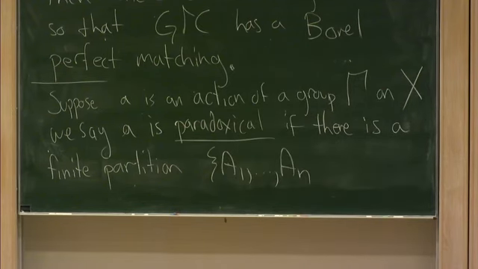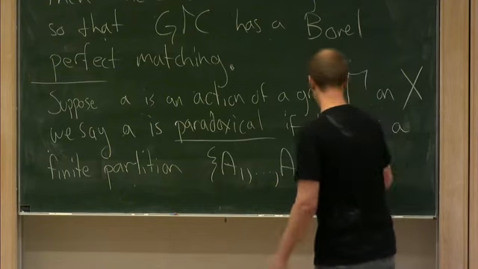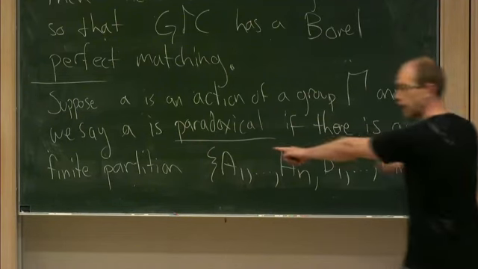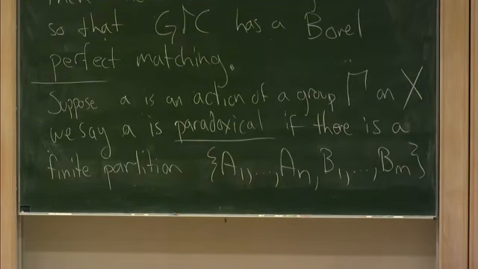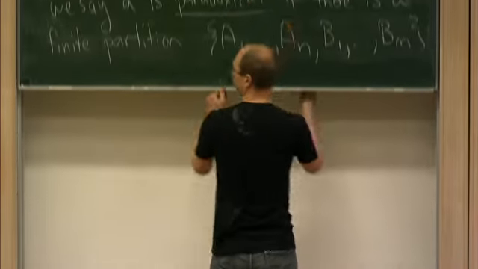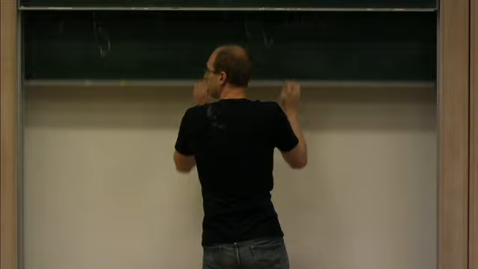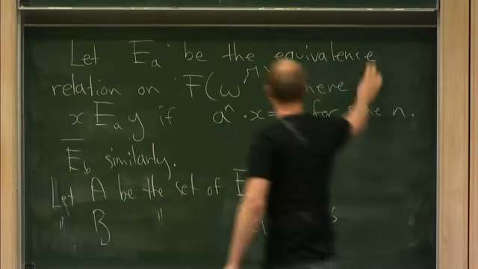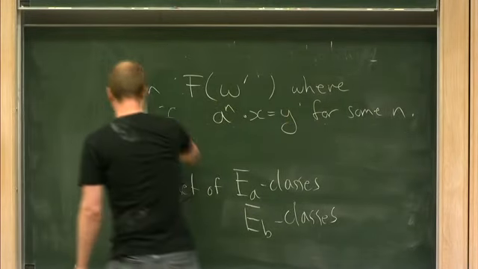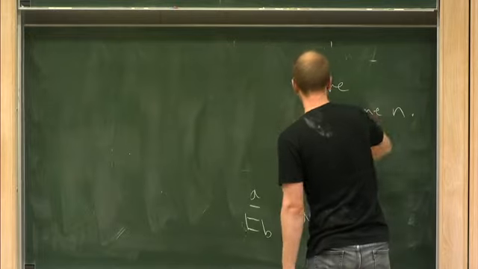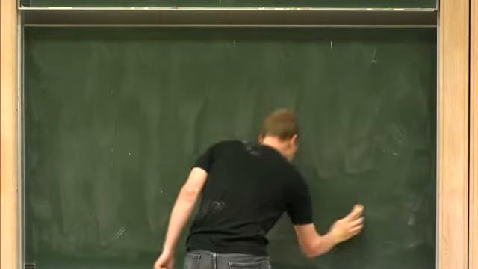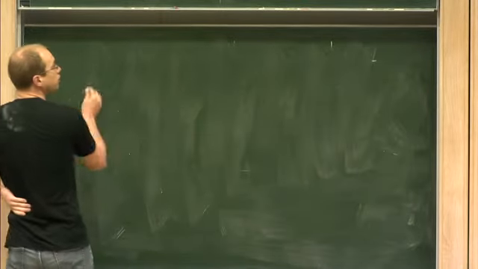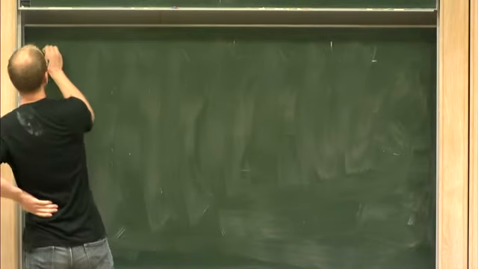So I'll say A1 up through AN, and then B1 up through BM. Okay, so altogether this is a partition of X. So I can partition X into finitely many pieces, and I can find finitely many group elements.